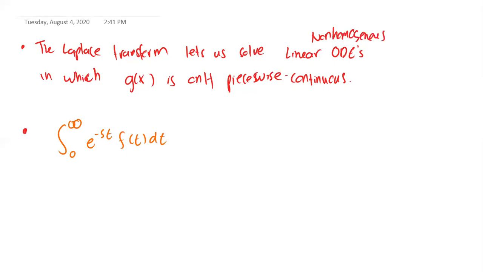However, in general, s is a complex number, so s has the form alpha plus beta i. For our purposes, s is only a real number, and in most cases s is just greater than 0 or greater than a. But for the general Laplace transform, s is a complex number. So we would have to work with the complex plane, which we can't do in this class. That's why we only restrict s to being a real number.